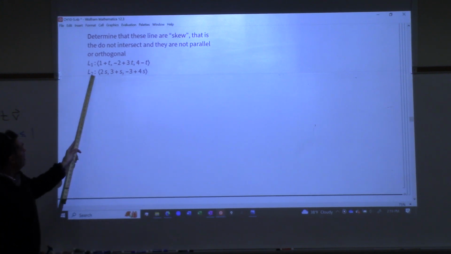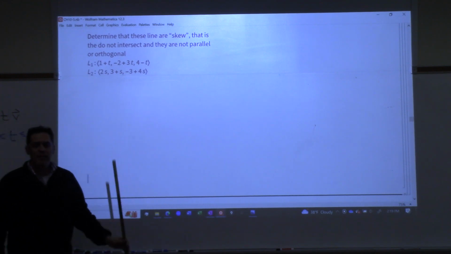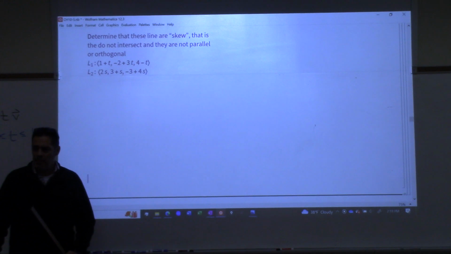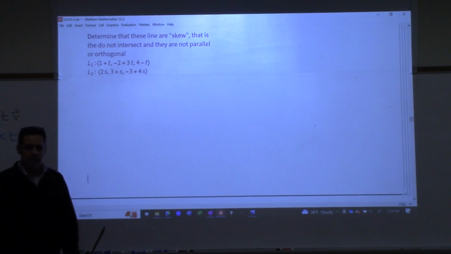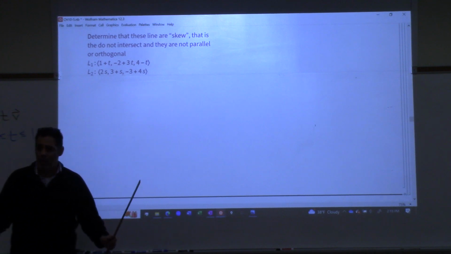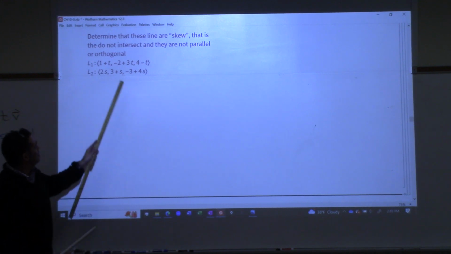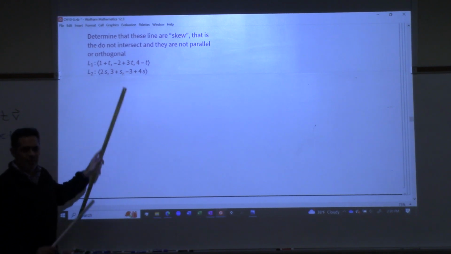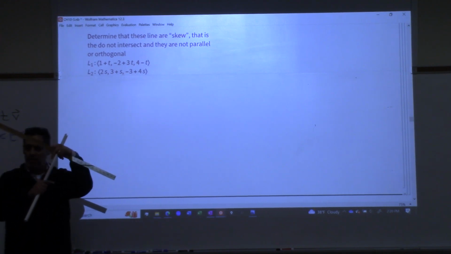In the second line, L2, I'm using a different dummy variable. I'm not using t for both; I'm using s for the second one. That way they're not related to one another. The t that draws this one has nothing to do with the t that draws this one, so I don't want to use the same t in both.